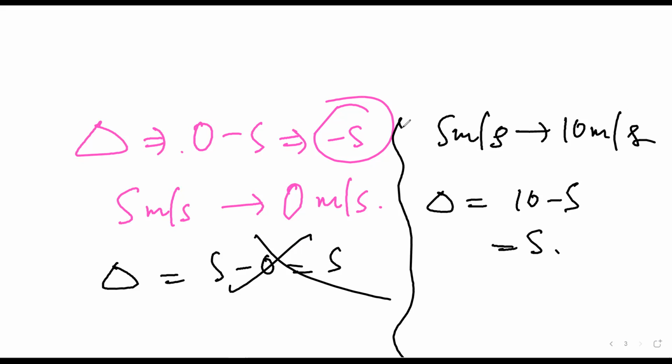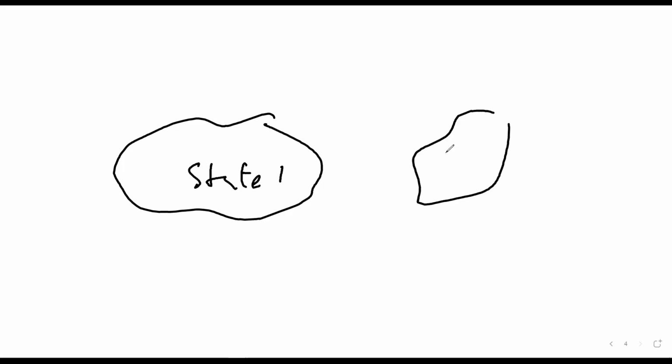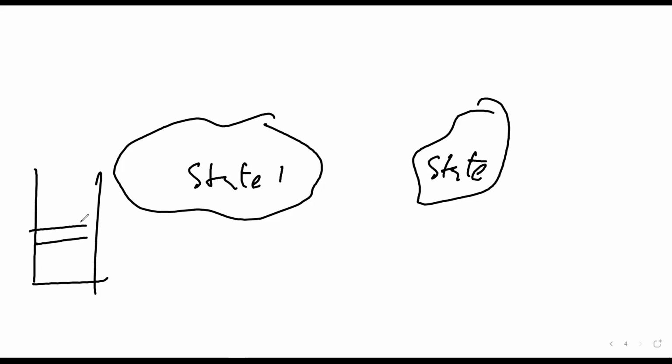Now, when we'll be doing chemistry, something like this will happen: this is state 1, and this is state 2. So in chemistry, we'll be doing these kinds of numericals. Don't worry much about it now, but I just want to tell you.